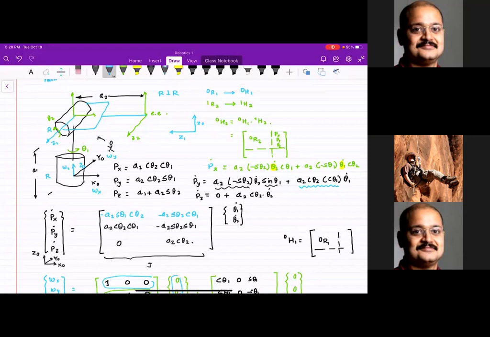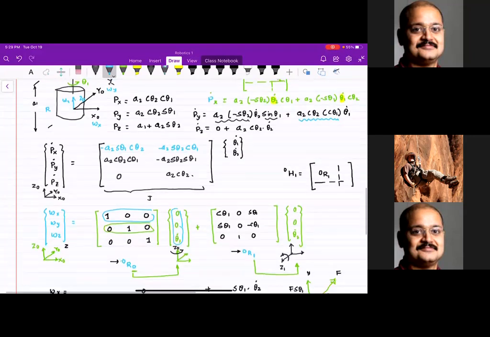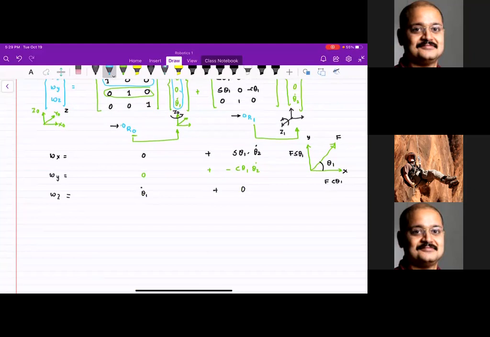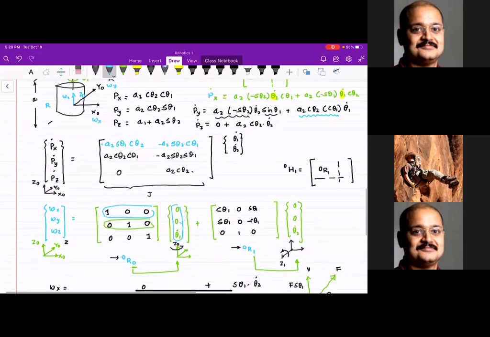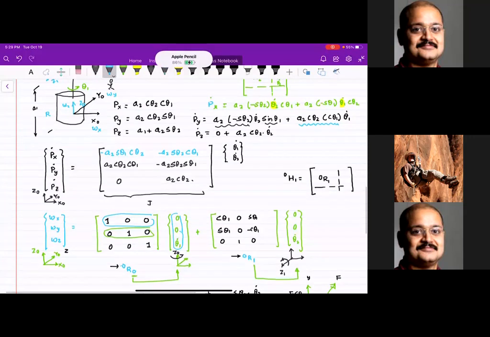The kinematic diagram is drawn when theta 1 is 0, theta 2 is 0. But assume that there is a non-zero theta 1 dot. That non-zero theta 1 dot is going to be about Z naught. So at that instant, it's going to change, but at that instant, omega z is going to be theta 1 dot. You agree with me? That's what you have over here. Omega z is equal to theta 1 dot. Everyone understood? Now the next step that is coming is legendary, so please pay attention.